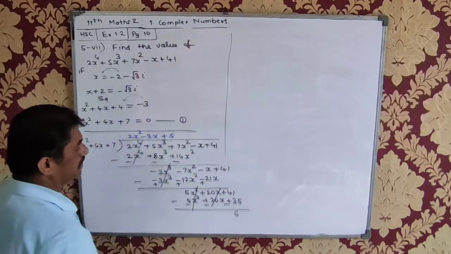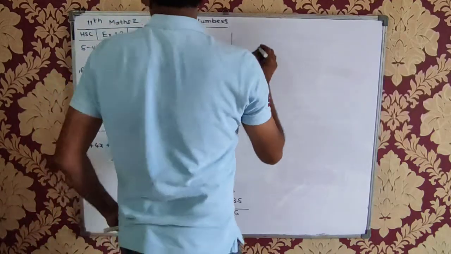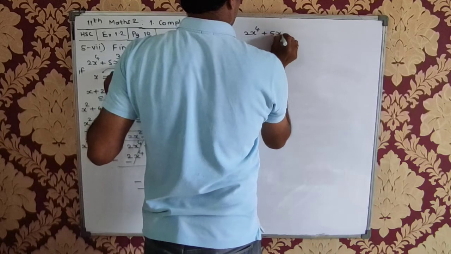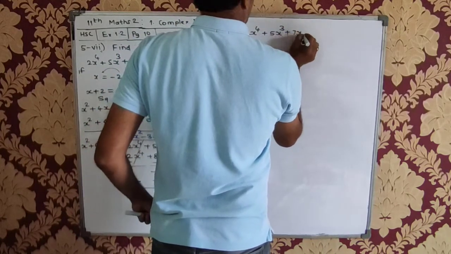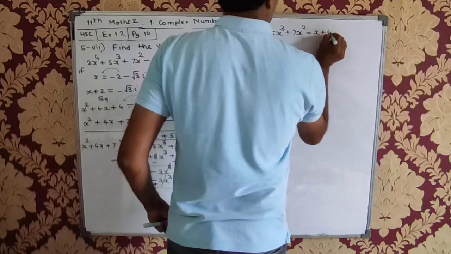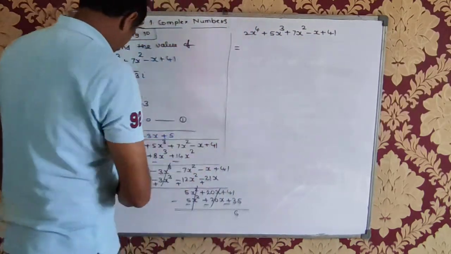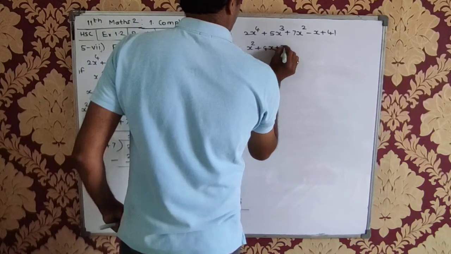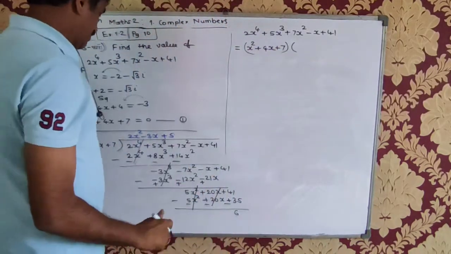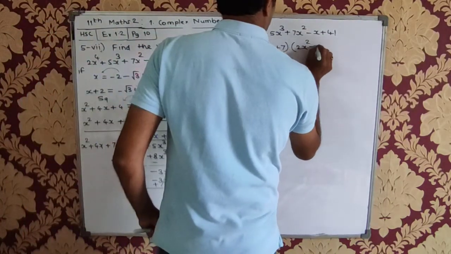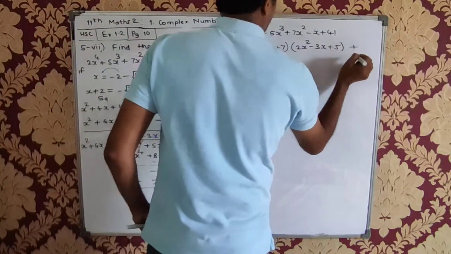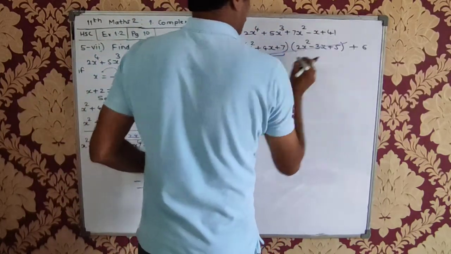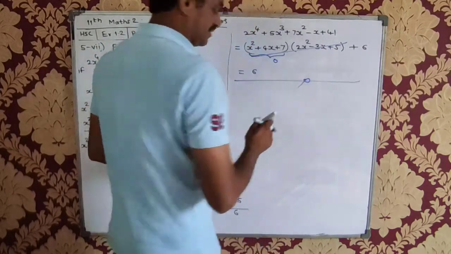So the given expression, 2x raised to 4 plus 5x cubed plus 7x square minus x plus 41, is equal to x square plus 4x plus 7 into 2x square minus 3x plus 5, plus remainder 6. But this is already 0 and therefore this totally gets cancelled, and the given expression is equal to 6. That is the answer.